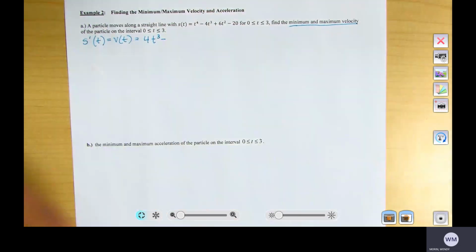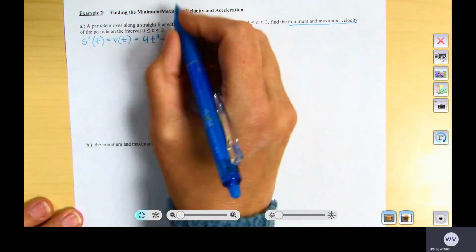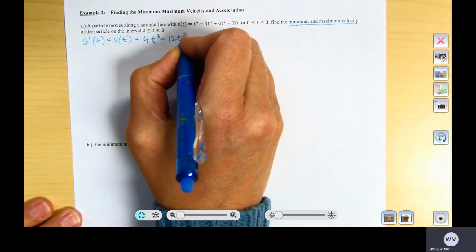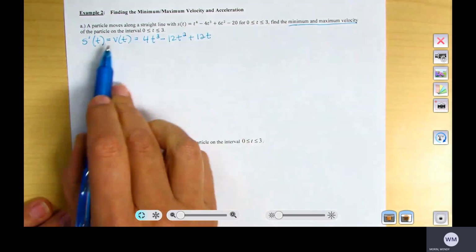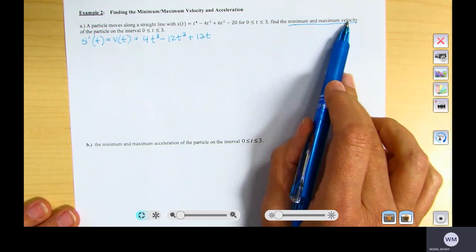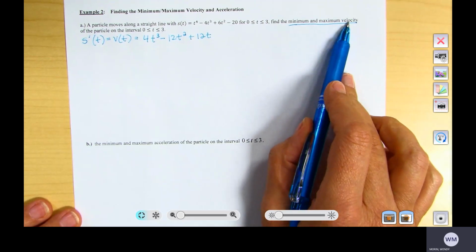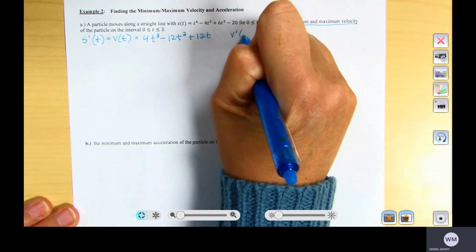Okay, so that's 4t cubed, right? And then we have 12t squared plus 12t plus 0. So that's velocity, but again, if we're trying to optimize velocity, we need the derivative of velocity. So again, use the proper notation.